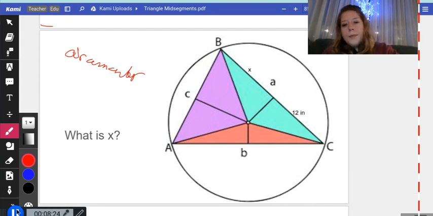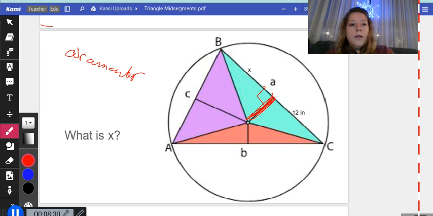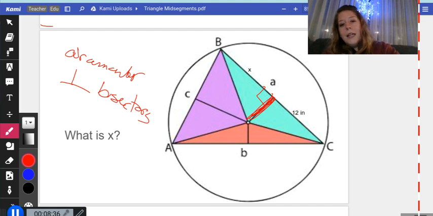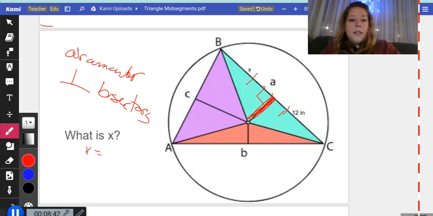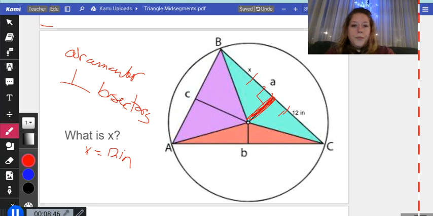So these little segments are the ones that are perpendicular bisectors. You can kind of tell because they're right angles there. So it's not the angle that's bisected here, it's the segment. So these two segments are the same. So x, in this case, is going to be 12 inches.